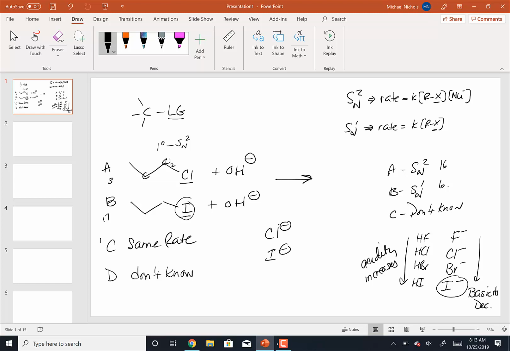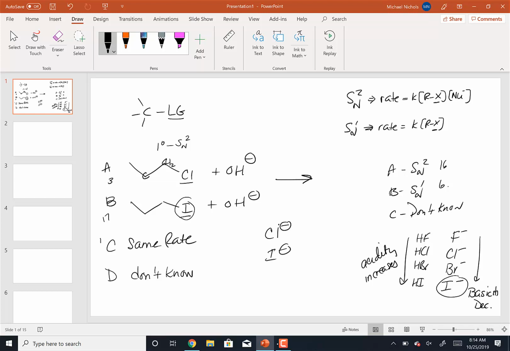So when we're looking at reactions, why they go faster or slower, we need to go through that sequence. We need to know the mechanism, we need to know what's different, and we need to know if that difference is important in the rate. And if it is, which of those two would cause the faster reaction.